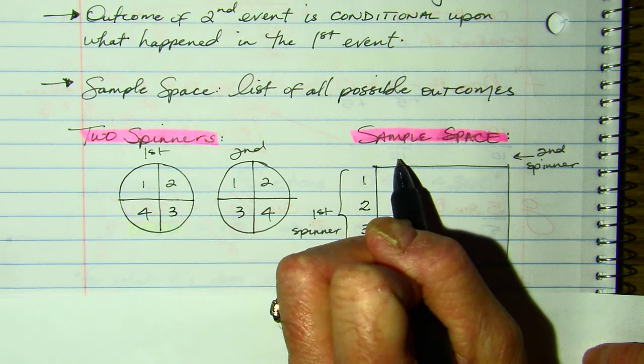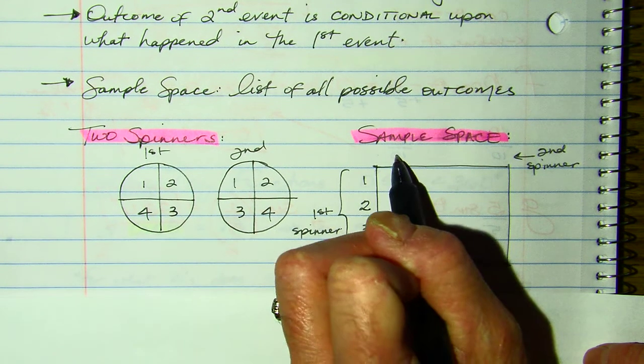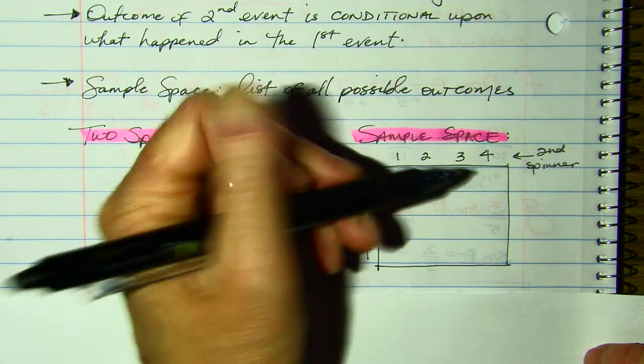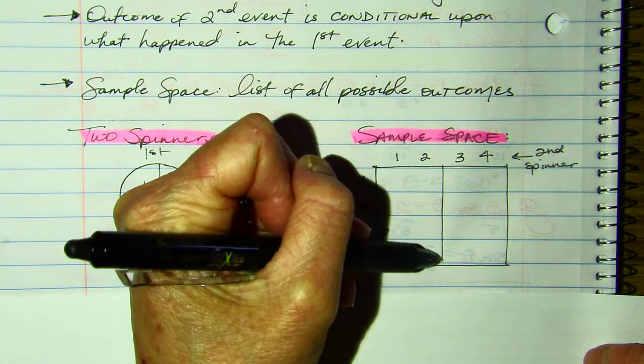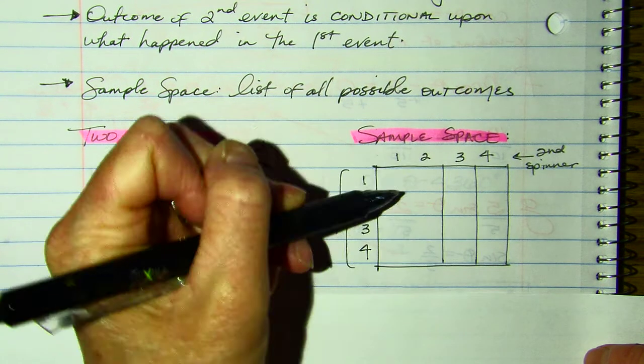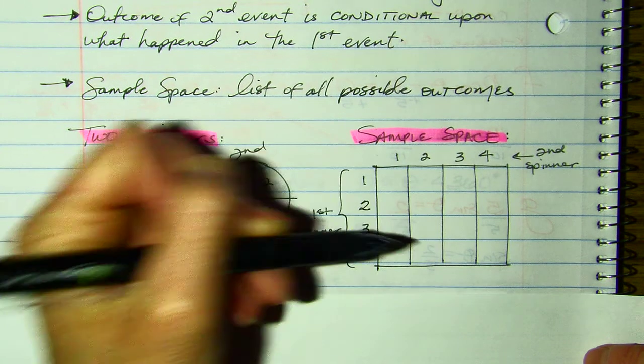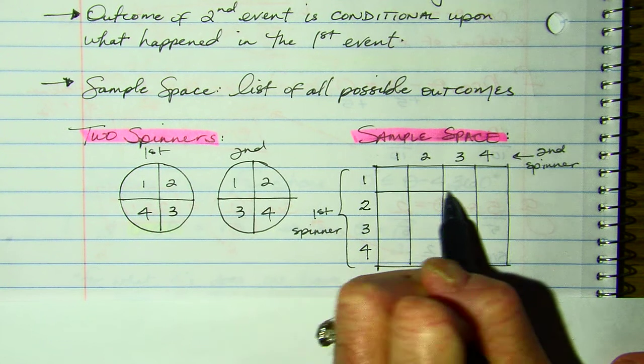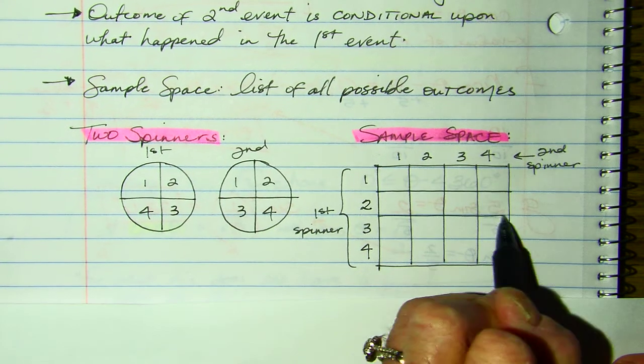Let's list the possibilities on the second spinner, and they happen in this case to be the same numbers. That's not true of every example, but here both spinners have the exact same numbers. Or you could have a spinner with colors. I'm going to fill in the boxes starting with the first spinner and then the second.